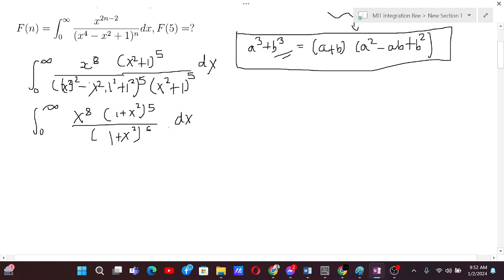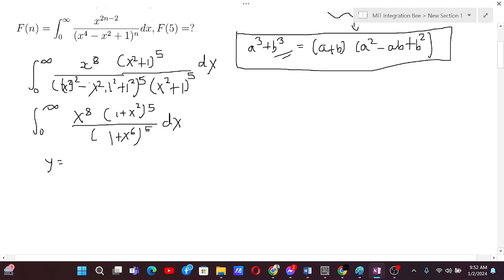No, not right. So a plus b, it's a cube plus b cube, so (1 plus x to the power 6) to the power 5 dx. Okay, so now basically we have to make this x to the power 6 as a y, so that we can use the beta gamma function.